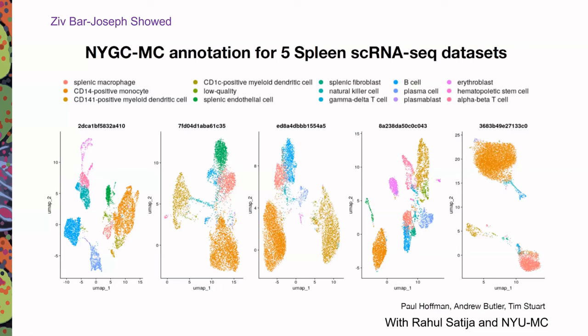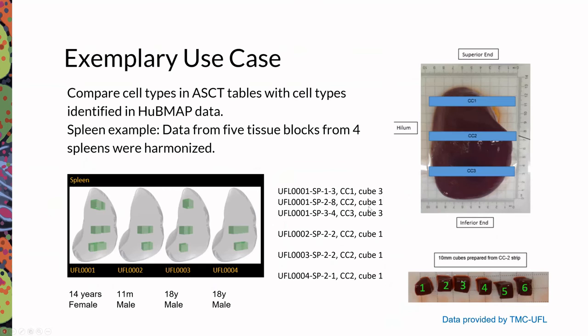What they are doing is to harmonize data across different data technologies, different individuals, different labs, which also might have slightly different protocols. Here you see 5 out of the 6 tissue data sets for which we have 6 single-cell RNA-seq data sets. You can then use the spatial registration data to see where these tissue blocks came from.